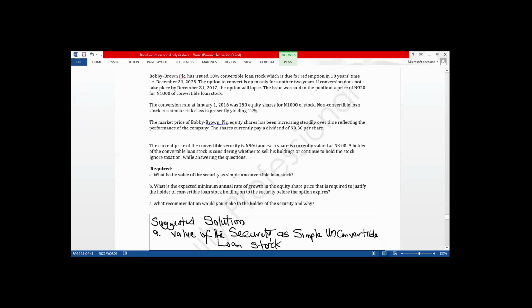Non-convertible loan stock in a similar risk class is presently yielding 12%. That means the discount rate for a non-convertible loan stock is presently 12%. That is the rate that will be used to discount this cash flow.